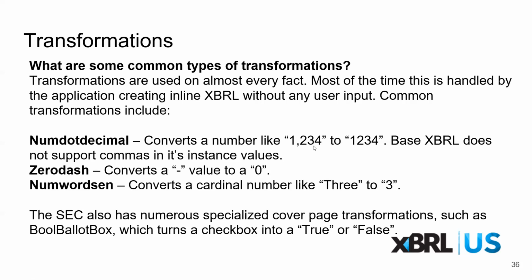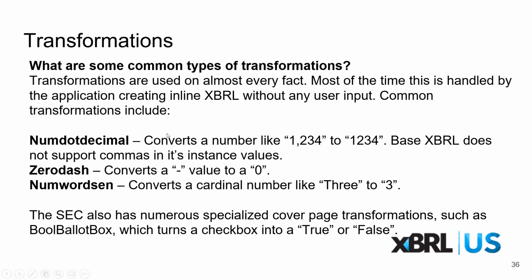This will convert a number that has commas or formatting in it into a regular integer value with no commas, no formatting, like 1,234 with a comma converting to 1234. This is because the actual underlying XBRL is XML, and it's not expecting extra values like commas in there. It's expecting just the integer value. So in order for that to work, you have to transform it. Like I said, this is handled most of the time under the scenes, but it's still good to know.